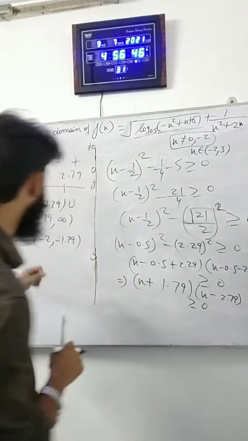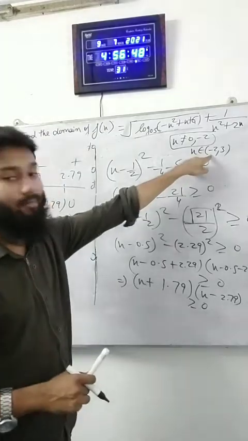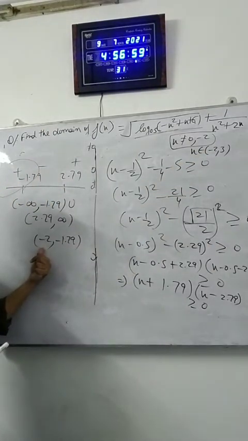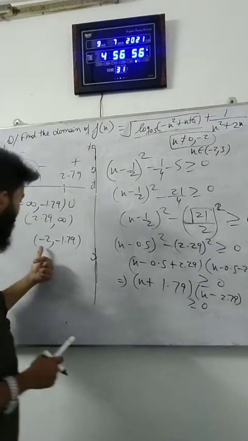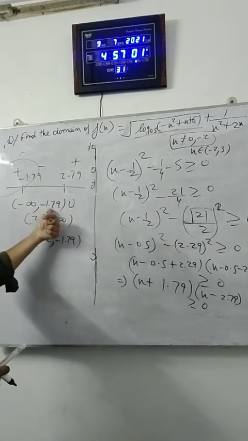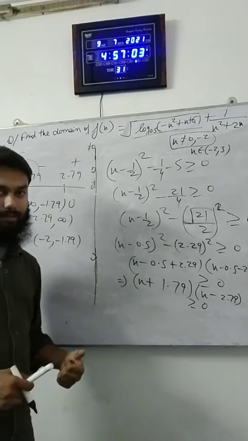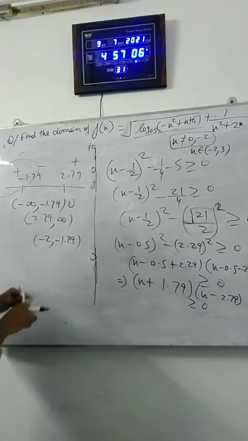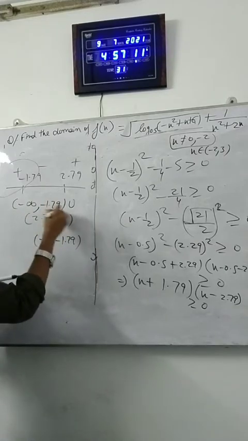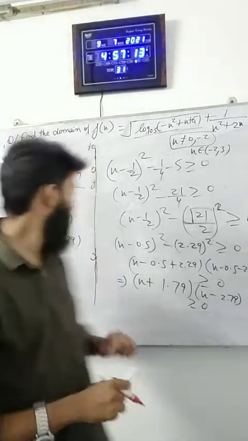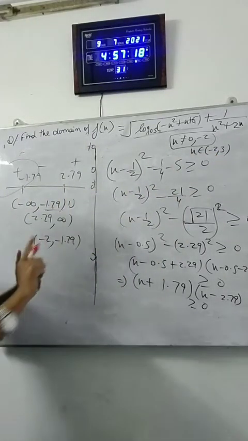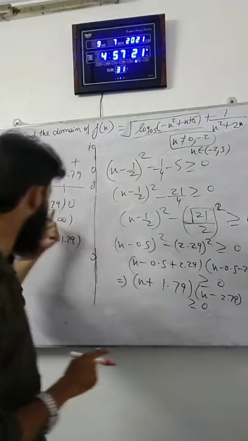Why? Because x cannot take any value less than minus 2, so I have restricted my input x till minus 2 only. And this condition was saying that it cannot take a value greater than minus 1.79. So I have combined these two conditions and this is my conclusion for the negative values only, because these were the negative values.